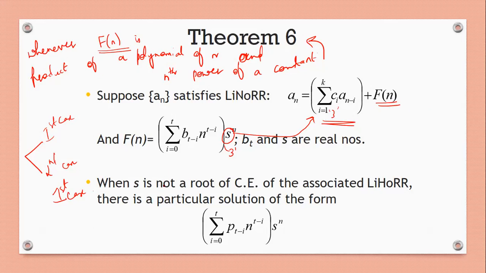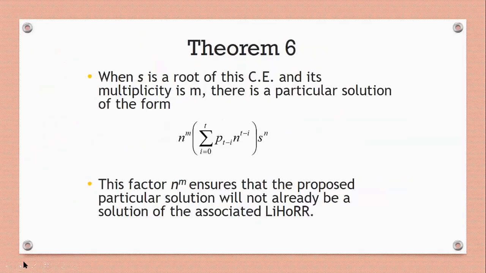Then when s is not a root of this equation, the solution will be of the form sum over i equals 0 to t of p_{t-i} n^{t-i} into s^n. Now the second case will be when s is a root of this characteristic equation and its multiplicity is m.